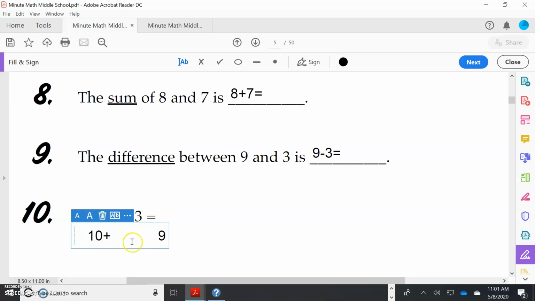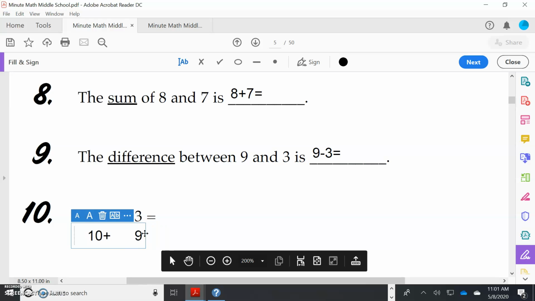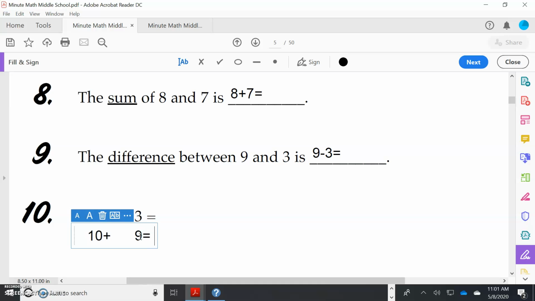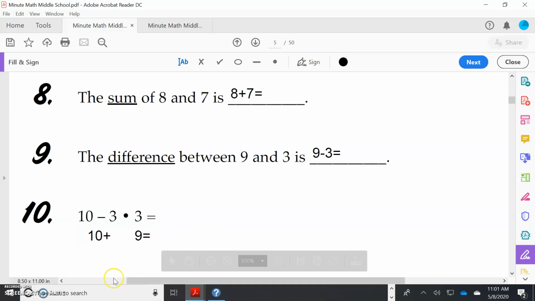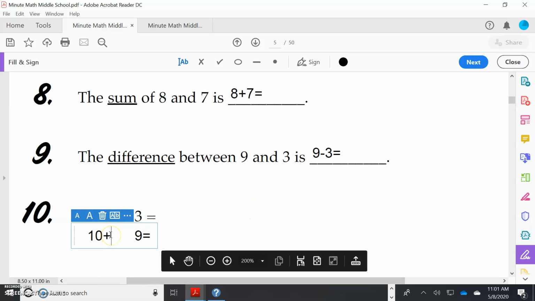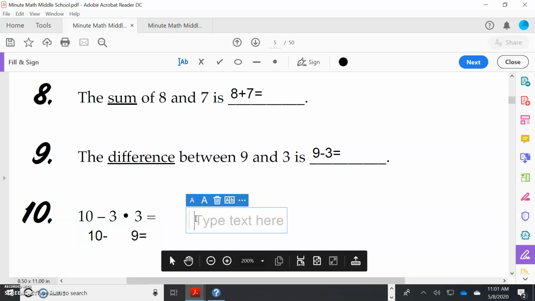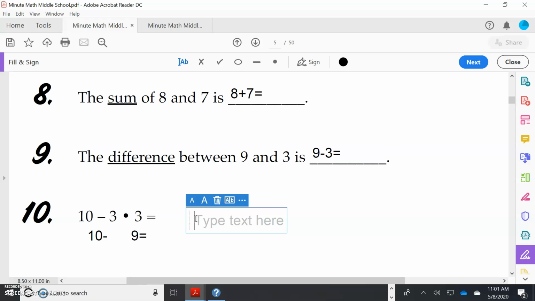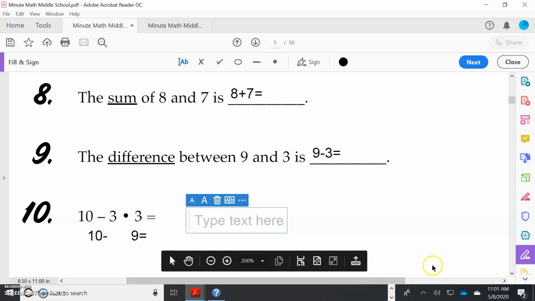And now we can do that part. Come back over here. It's taking a little longer than I want it. But, oh, it's a minus, not a plus. See, that's why it's always good to check. Okay. So 10 minus 3 times 3 would be the same as 10 minus 9. And if you have $10 and I take 9 of them away, what are you going to have left?